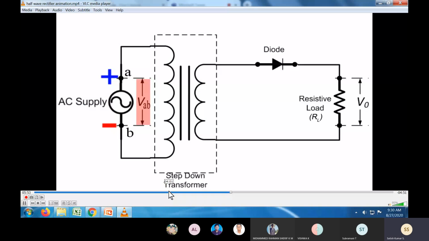When the AC supply is switched on, the alternating voltage VAB appears across the primary winding of the transformer. This high voltage VAB is reduced to a level suitable for the diode and the load at the secondary winding, represented by VCD. When this alternating voltage VCD is applied across the DC load having a diode in series with it, what will happen?